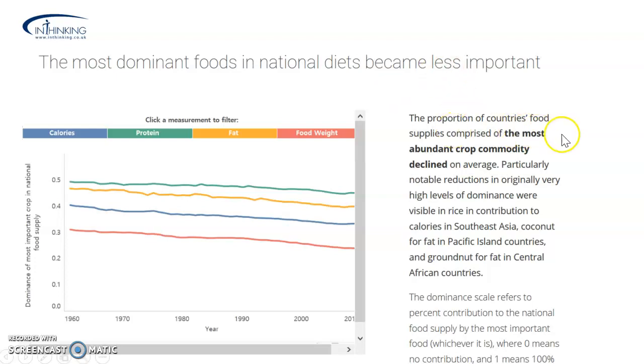It says here, look, the proportion of countries' food supplies comprised of the most abundant crop commodity has declined on average. Particularly notable reductions in originally very high levels of dominance were visible in rice in contribution to calories in Southeast Asia, coconut for fat in Pacific Island countries, and groundnut for fat in Central African countries. So these staple foods, these dominant traditional foods, are becoming less dominant.